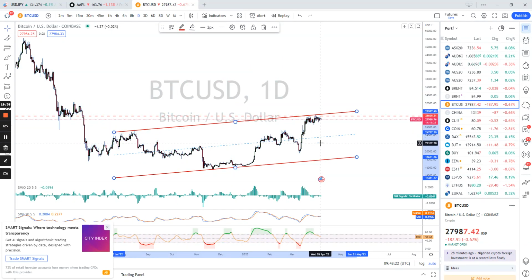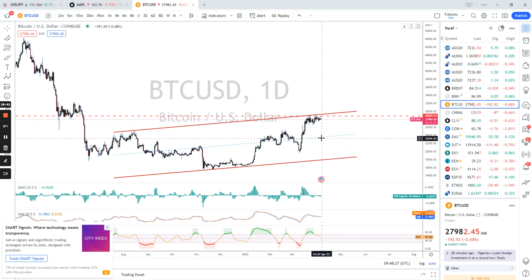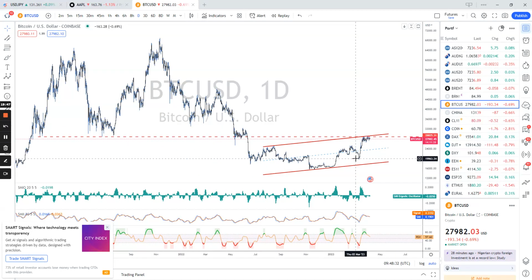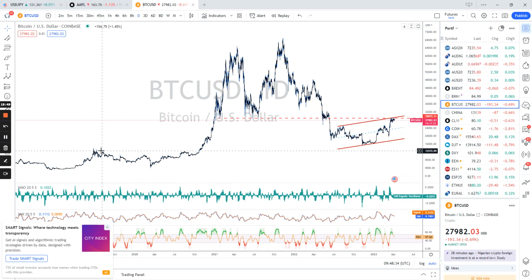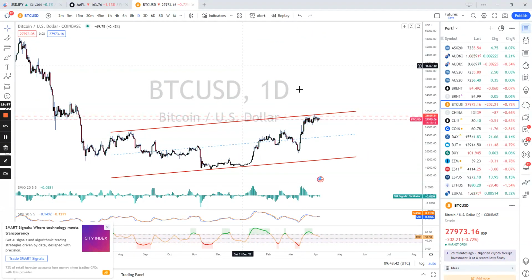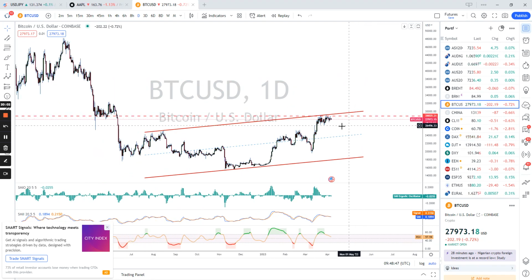But rejection here will lead again to consolidation, which we see as a higher probability, to 24,000 and even lower, to test the lower end of this flag. I will call it a flag because it could drive the Bitcoin down to 10,000 and even 8,500 if we get a reversal on the dollar and reversal on the stock market, which Bitcoin is at the moment highly correlated with.